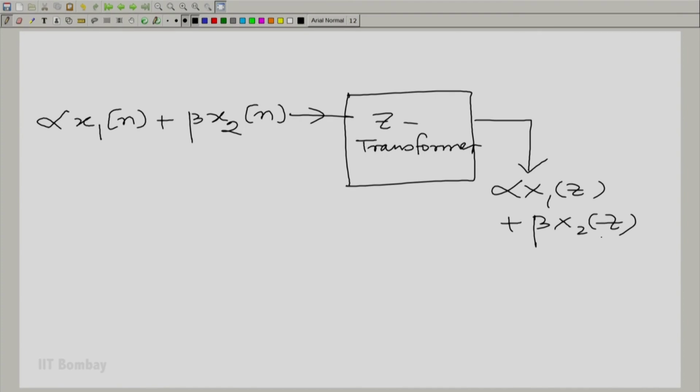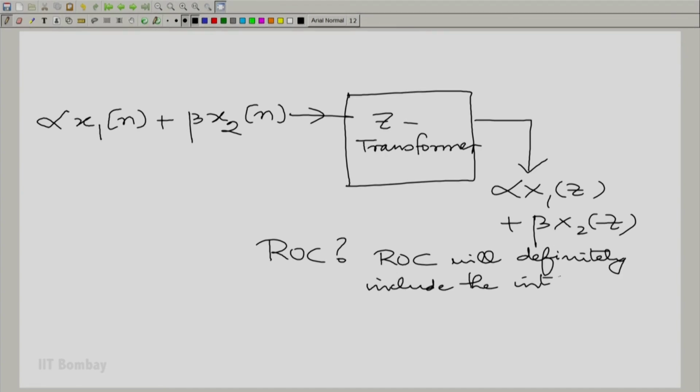And once again, what can we say about the region of convergence? All that we can say is that the region of convergence will definitely include the intersection. More than that could be a problem to say.